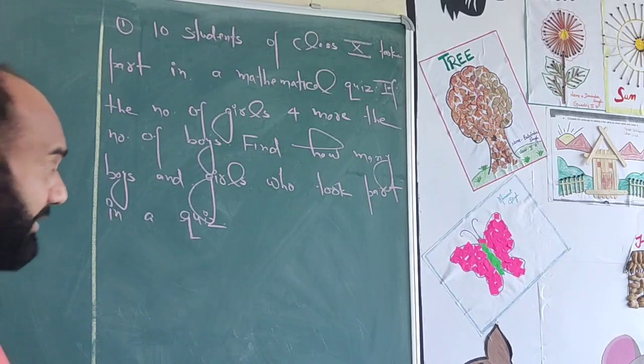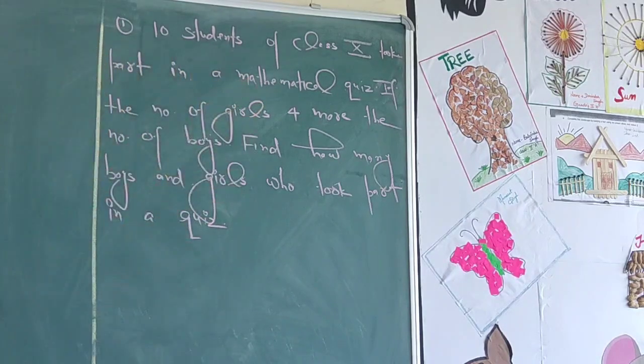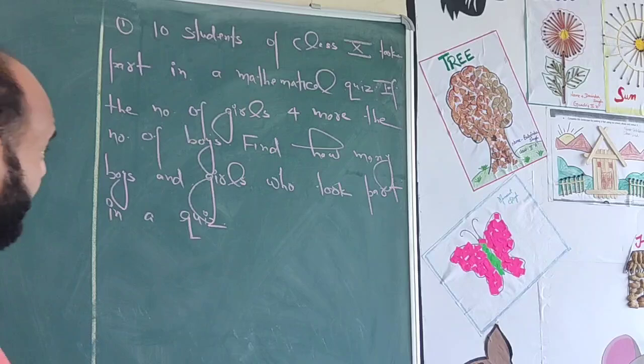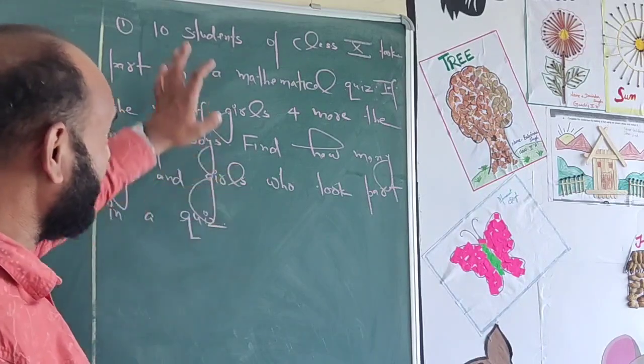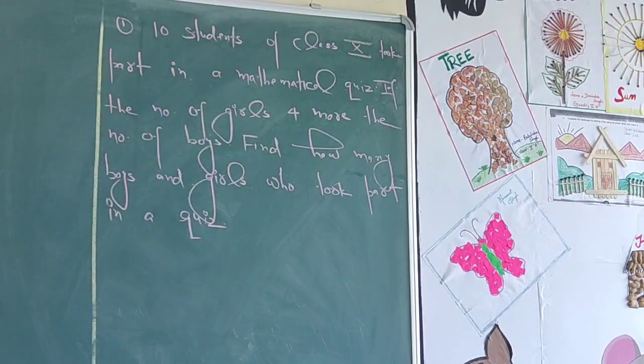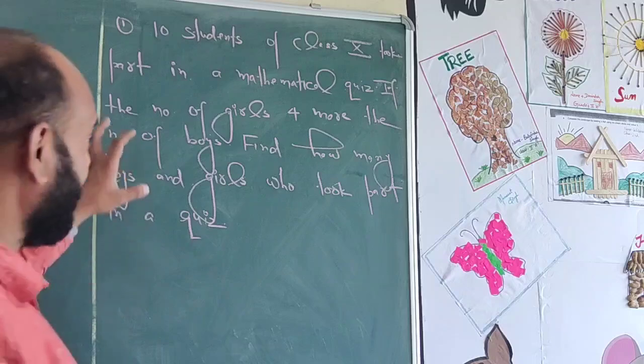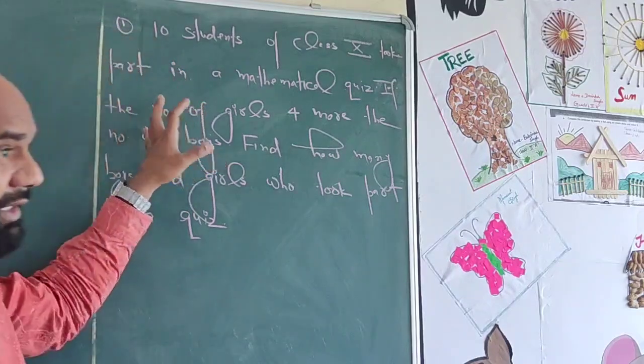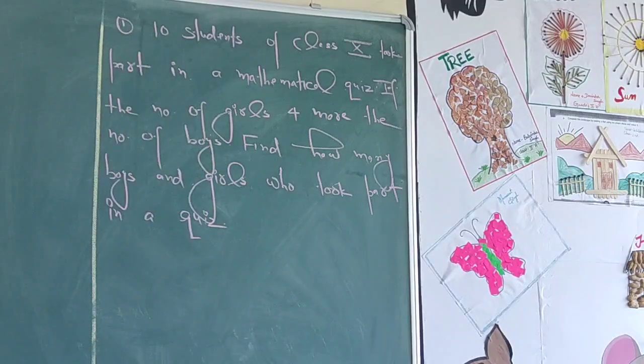So here we are given that 10 students of class 10 took part in a quiz, in which the number of girls is 4 more compared to the number of boys. Then find how many boys and how many girls participated in this quiz.